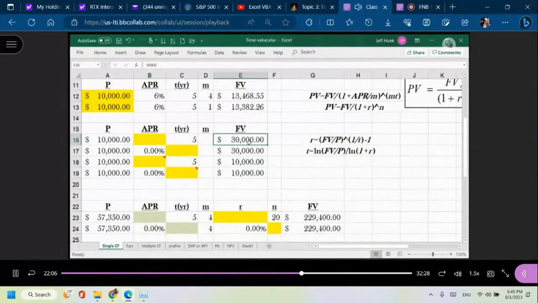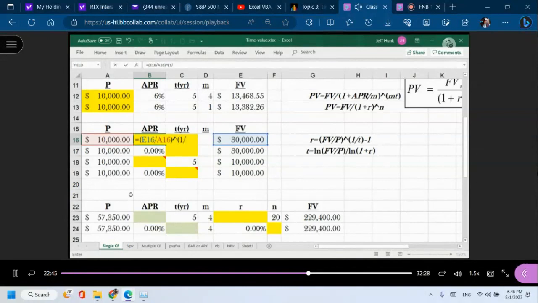all the other variables must be known, right? Because we are solving for the unknown, right? To solve for the unknown, other inputs must be given. So here, according to our formula, it is future value over present value, and then raised to 1 over n.